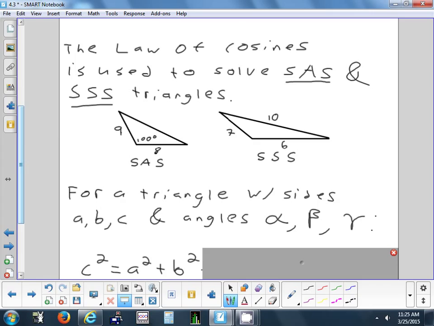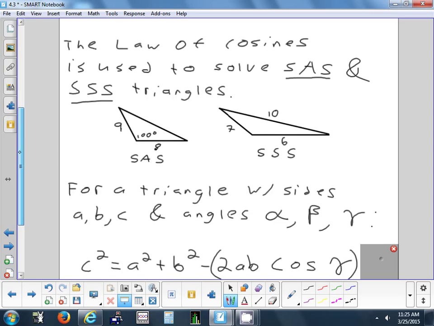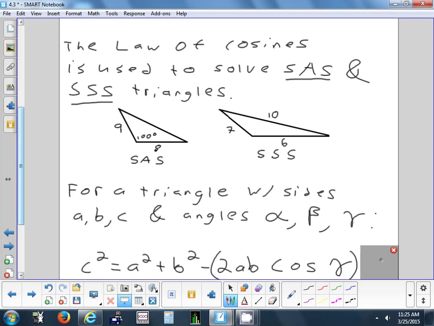But we can't just use the Pythagorean Theorem. There's an adjustment. There's something we have to subtract because the angle's not going to be 90. This part I'm just going to give you. You don't have to prove why this is what you subtract. So it's c squared equals a squared plus b squared minus 2ab cosine gamma.